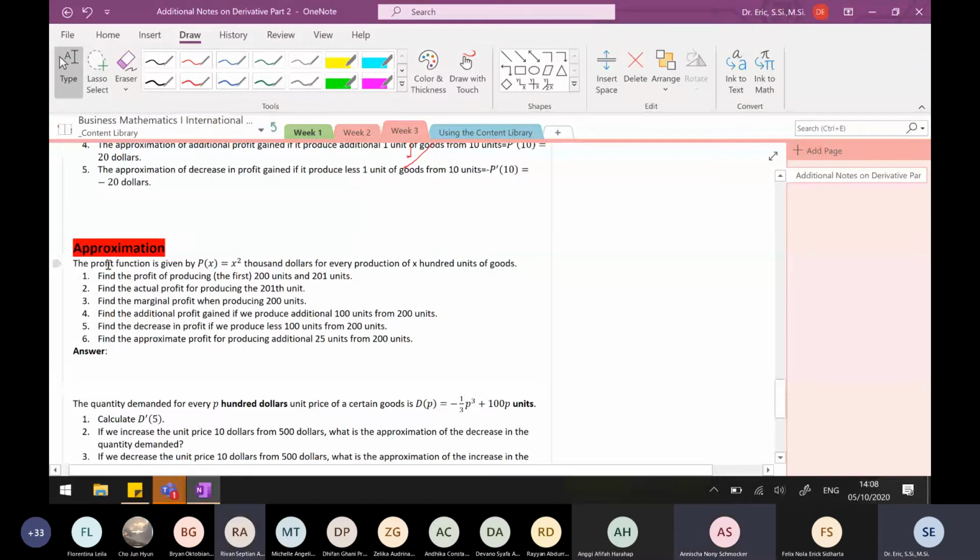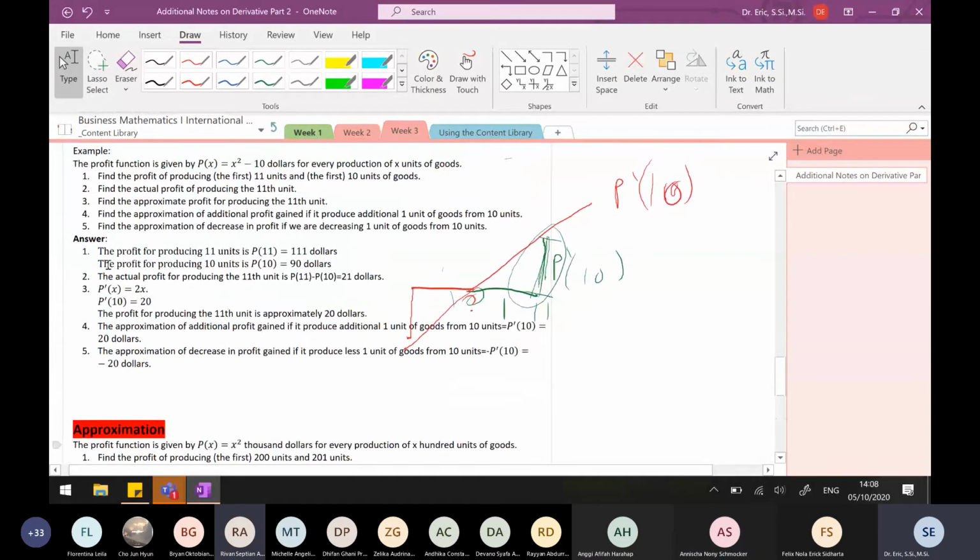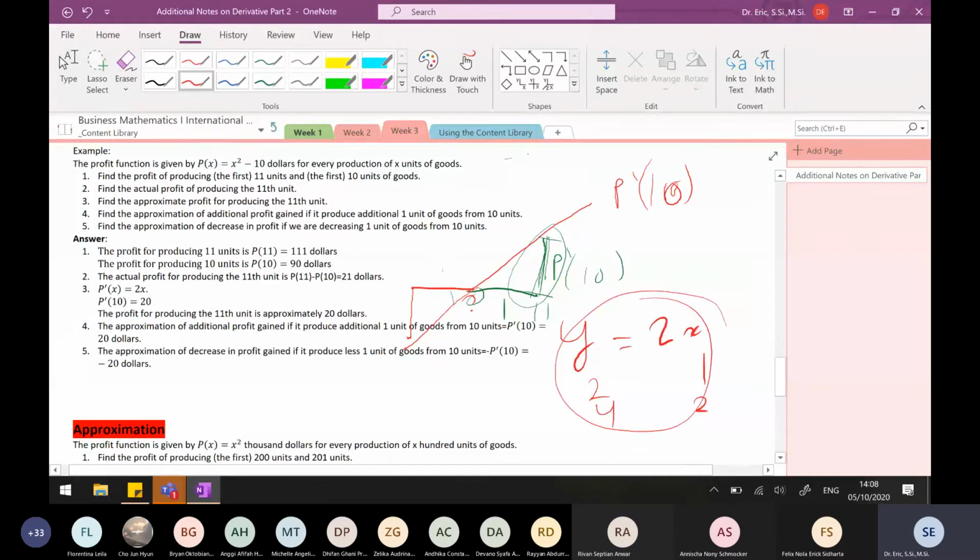Berarti bisa pakai perbandingan gitu ya? Yes. Because it's a line. If you have y equals x, if x is 1, y is 2, x is 2, y is 4. Very good. Thank you.